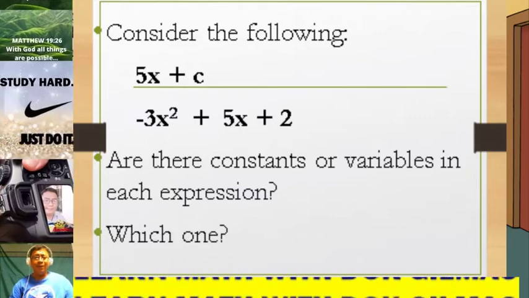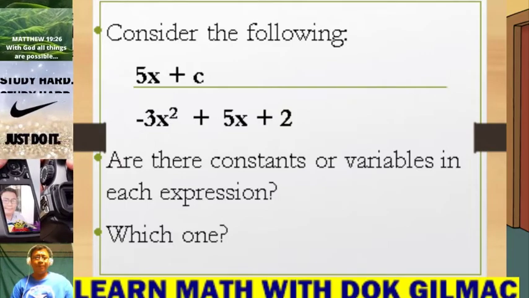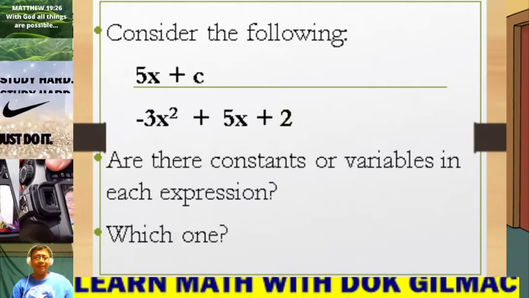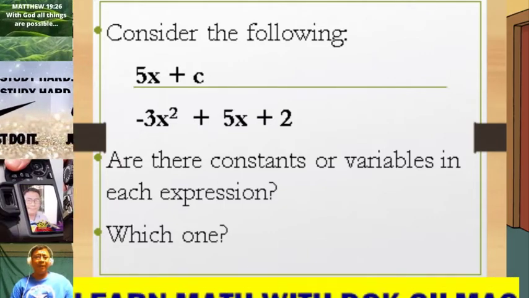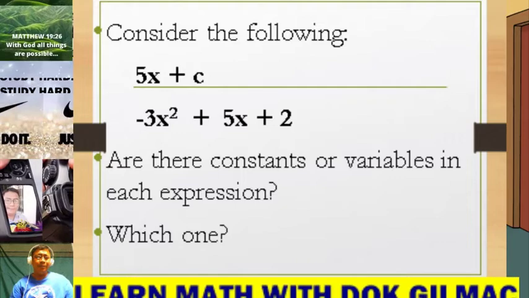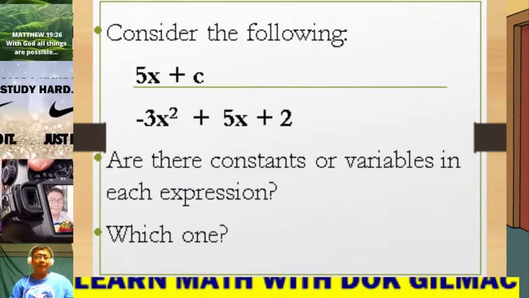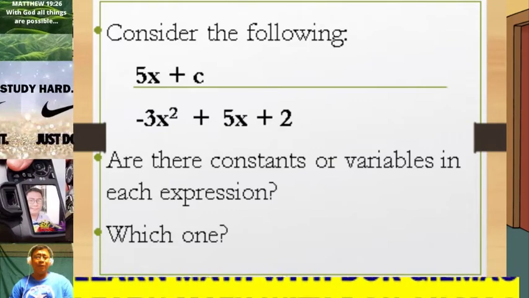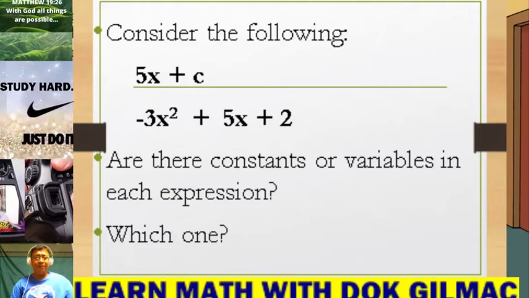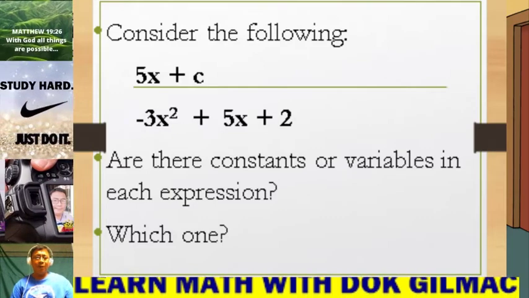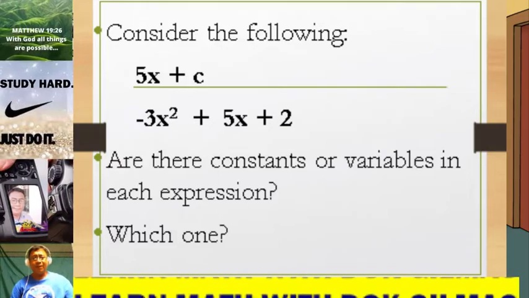Yes, there are constants and variables in the given expressions. The constant in the first expression is 5, and the constants in the second expression are negative 3, 5, and 2. About the variables, we have x and c. So take note of that.